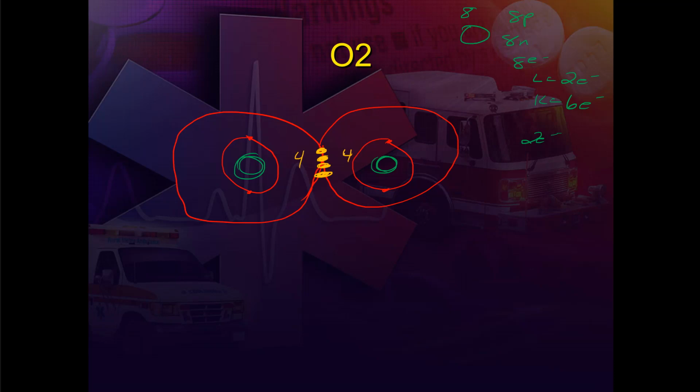Now, we still have a few more to account for. We shared 2 of the 6 available electrons here, so we still have 4 electrons in this shell that aren't used in bonding. But now we have 4, 5, 6, 7, and 8, and we're happy. On this side, we have a similar setup.